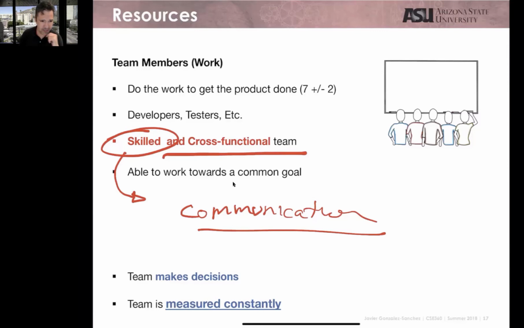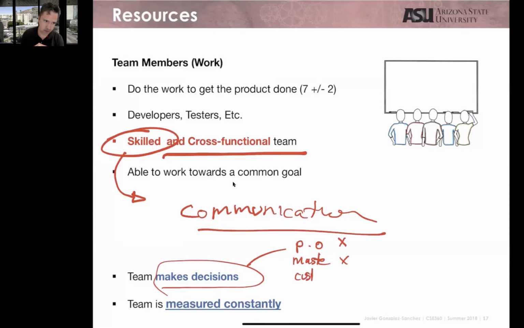Now, here, the decisions. Question in your exam: who takes the decisions in Agile? And the most important thing here is the decisions. The product owner, no. The master, no. The customer, no. The team, everyone.